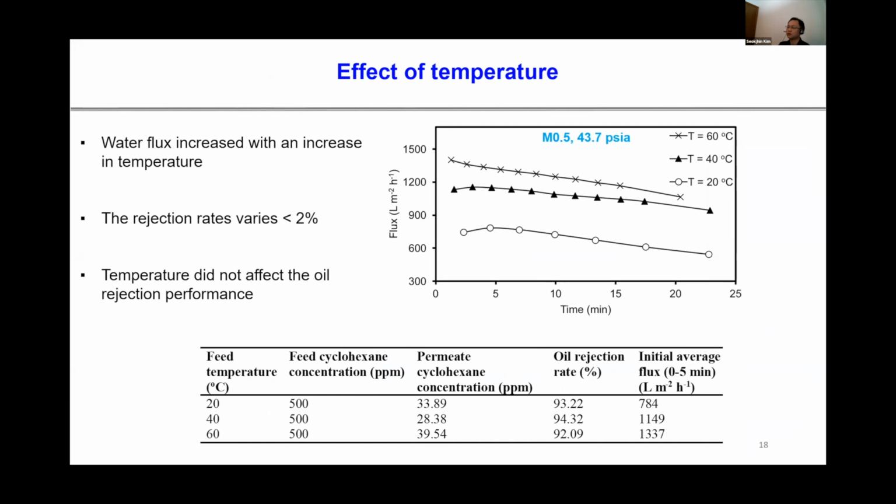I suppose in our experiment there is no significant change in oil rejection rate, but there is some driving force increase due to the temperature, the higher molecular transfer, and then we got the higher flux. So the effect on cyclohexane solubility, I'm not so sure at this point, but in the future I need to consider that aspect.